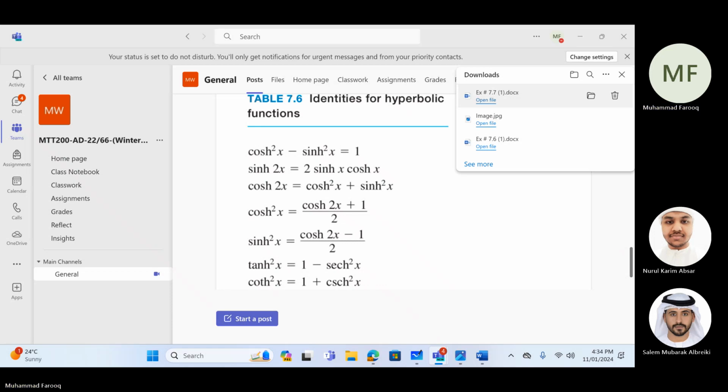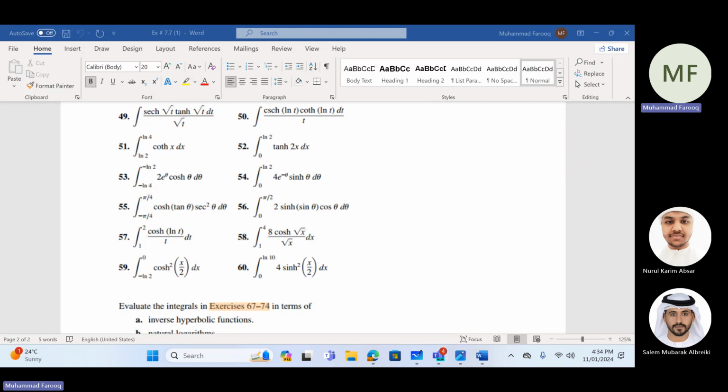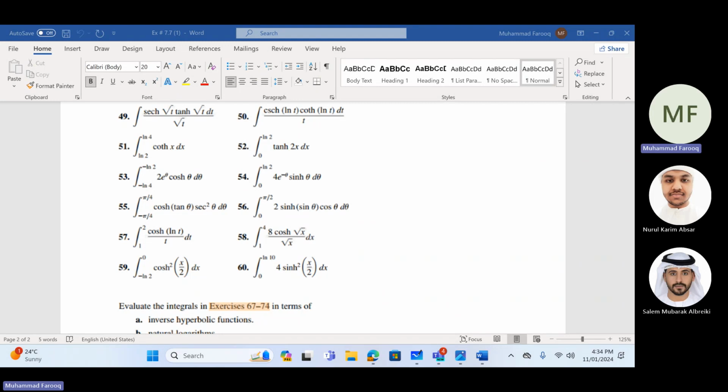So it is very confusing, which is why I told you to avoid this. Otherwise, I would have to bring this table into the exam and you would have to memorize it. Anyway, we are talking about integration of hyperbolic functions. Just to avoid confusion, I told you these two questions need the identity. Understand the point? Good. Let's take another question.